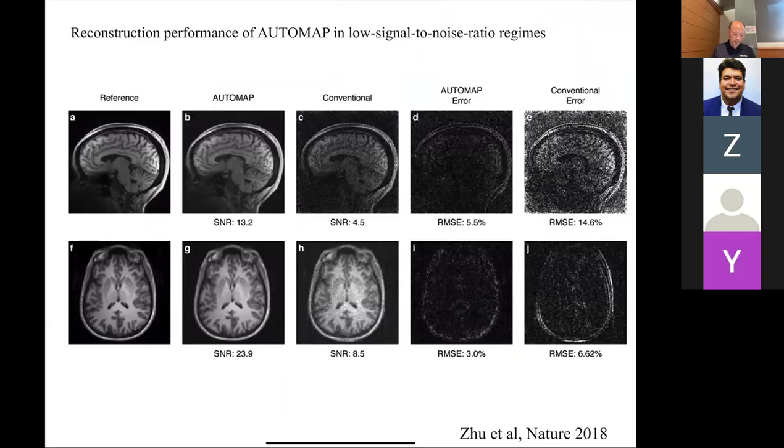In this low SNR regime, if you compare AutoMap to conventional imaging, you can see that even when I add noise, it knows random noise is really not part of what good images look like, so it basically takes all that random noise out.